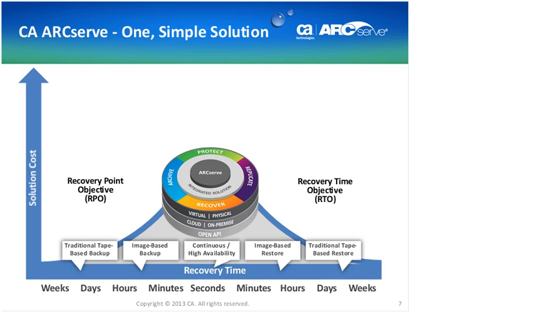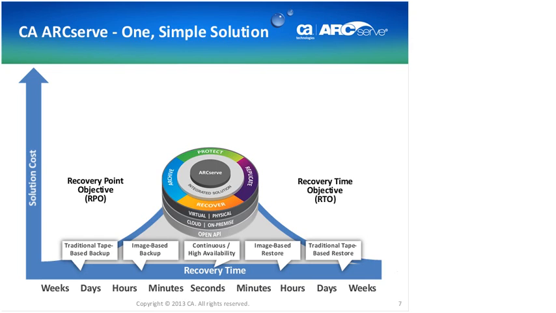Okay, again, CA Access, as a single solution, we can protect, we can replicate, we can recover, or even archive, no matter whether your data is on a physical or a virtual machine. Whether you're planning to move your data to a cloud, or you simply want to protect your data on-premise itself.